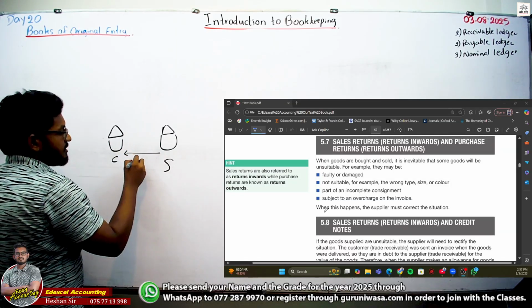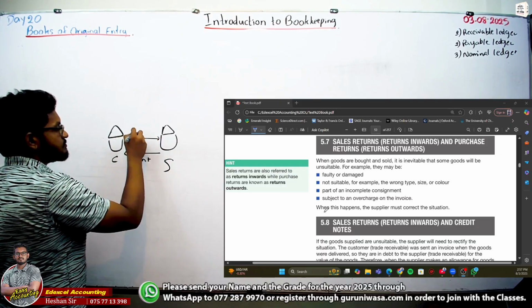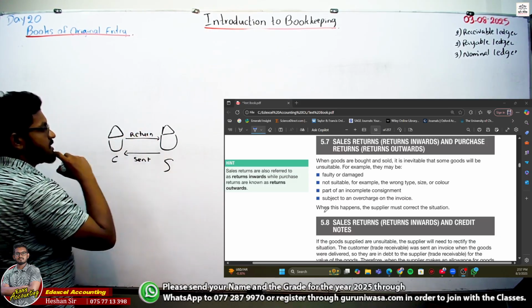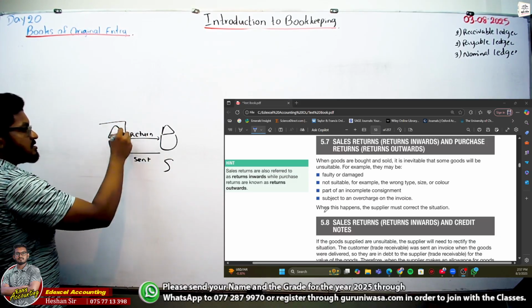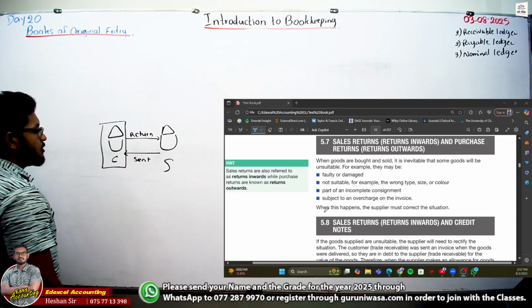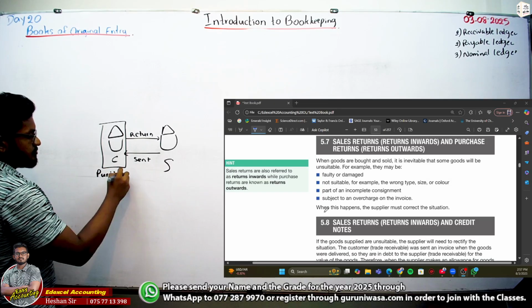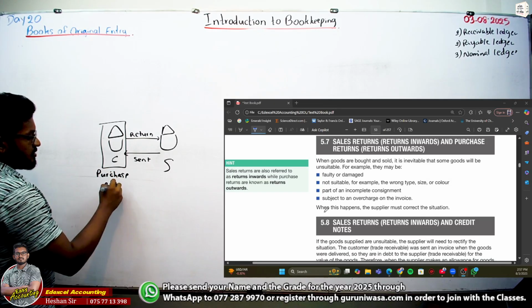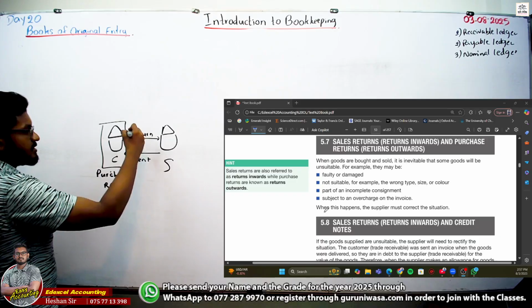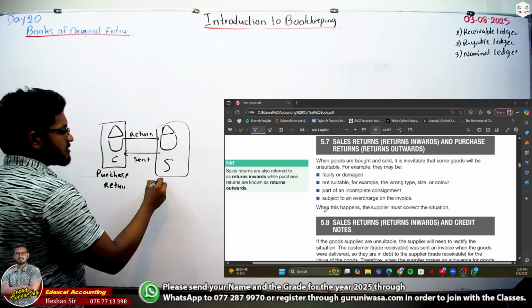If the customer does not agree, the customer returns them. So far we discussed how the customer records it, which is purchase return. Purchase things are returning. Now we need to look at how the supplier records it. That is the term for sales return.